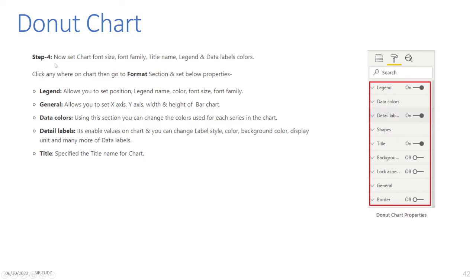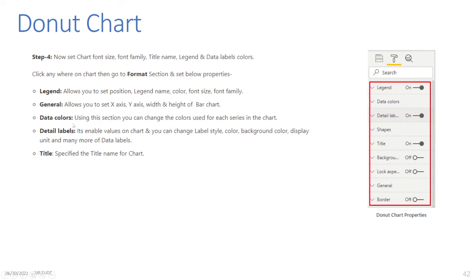Step 4. Now set chart font size, font family, title name, legend, and data label colors. So click anywhere on the chart, then go to the format section and set the below properties. Legend allows you to set position, legend name, color, font size, font family. General allows you to set x-axis, y-axis, width, and height of the chart.